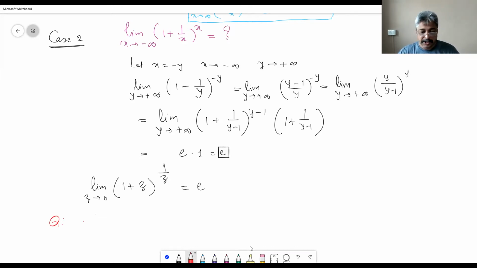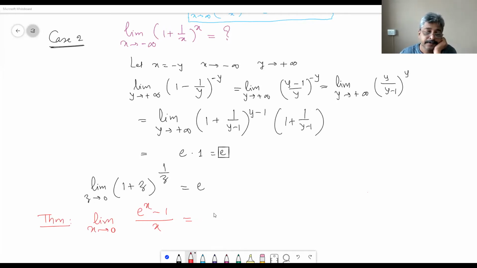Maybe this is a theorem. Do this. Limit x tends to 0, e raised to x minus 1 upon x is equal to. Okay, one way of solving this is substitution.